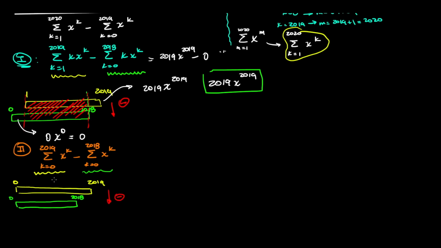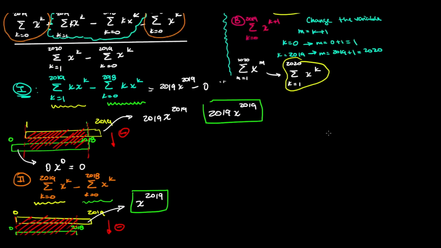As you can see, we have the same terms here, and they cancel each other out. And we get just the last term of the first summation, which is when k equals 2019. So that'll be x to the 2019. Okay, perfect.